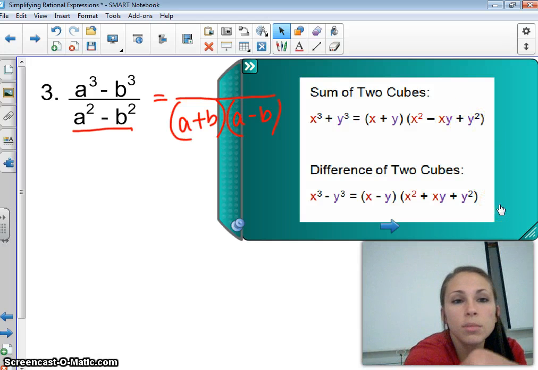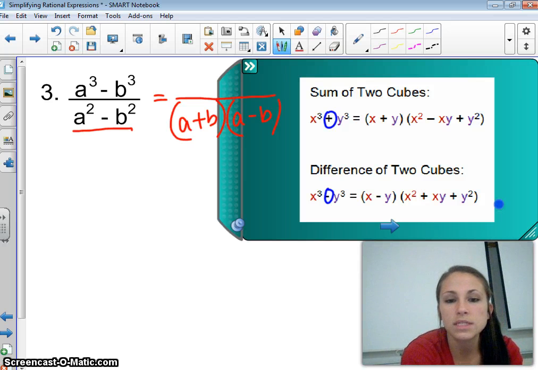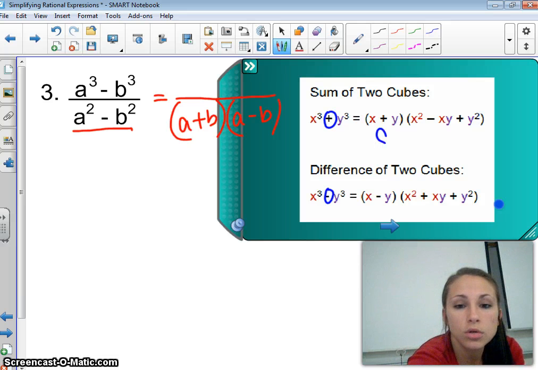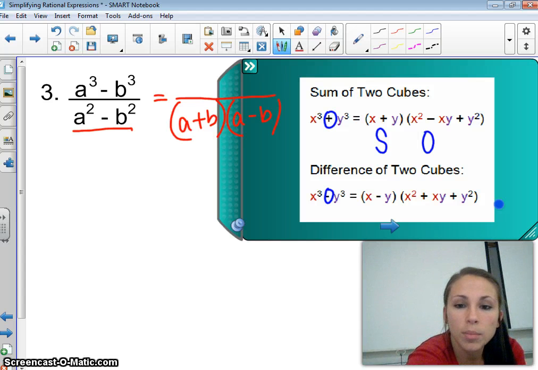Now, the way that you remember how the signs are going to go is you take your original sign. And the sign in the factored form is always going to be SOAP. So the first sign will stay the same, the second sign will be opposite, and then the last will always be positive.